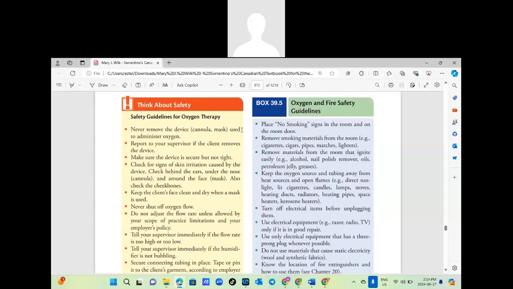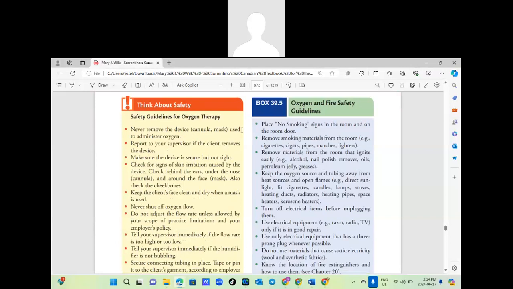Make sure the device is secure but not tight. Check for signs of skin irritation caused by the device. Especially behind the ears, under the nose when they're using a cannula, and around the face if they're using a mask. Also check the cheekbones because these tubings can cause pressure ulcers. Keep the client's face clean and dry when the mask is used.